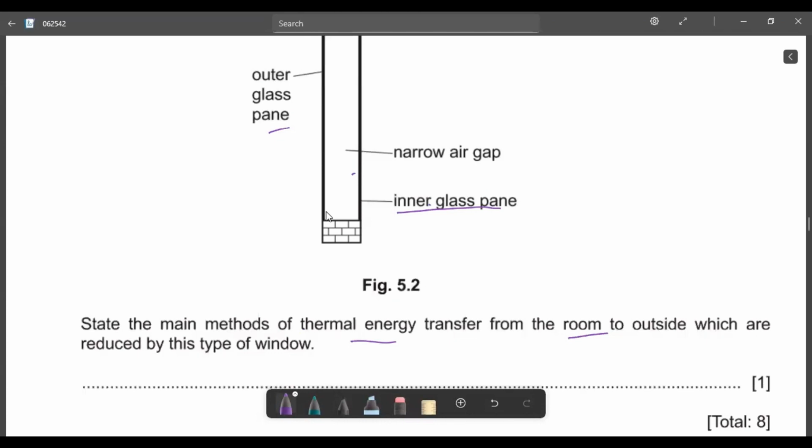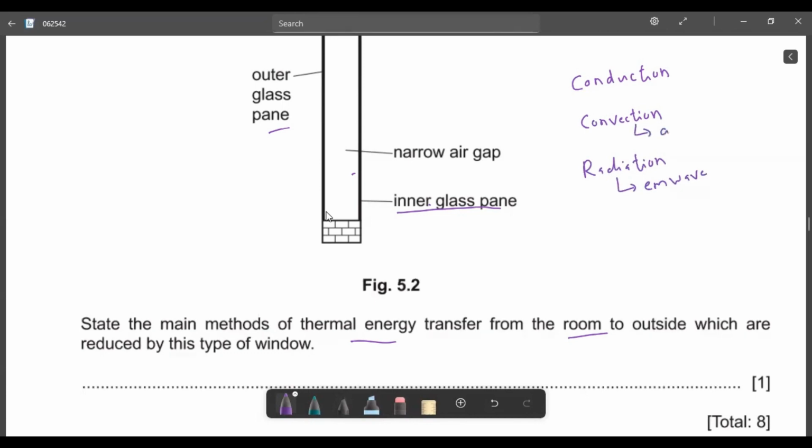Mainly there are three types of heat transfer: conduction, convection, and radiation. Radiation is the transfer of heat through electromagnetic waves.